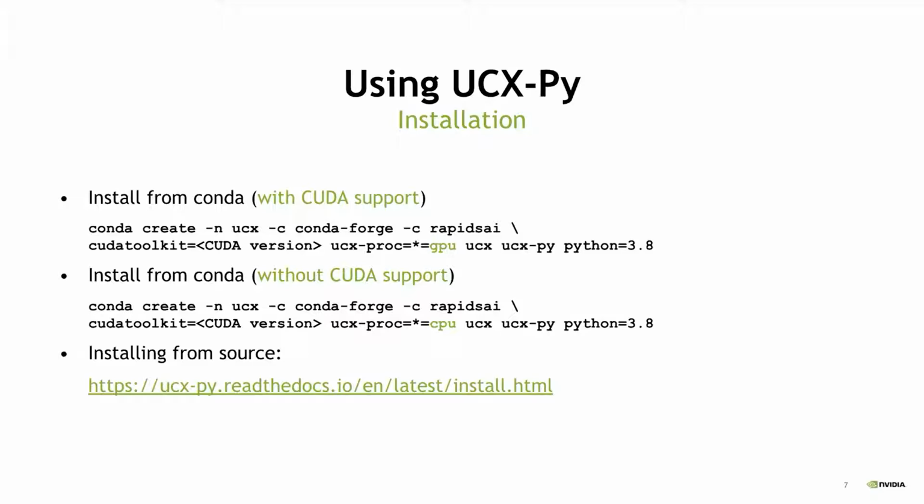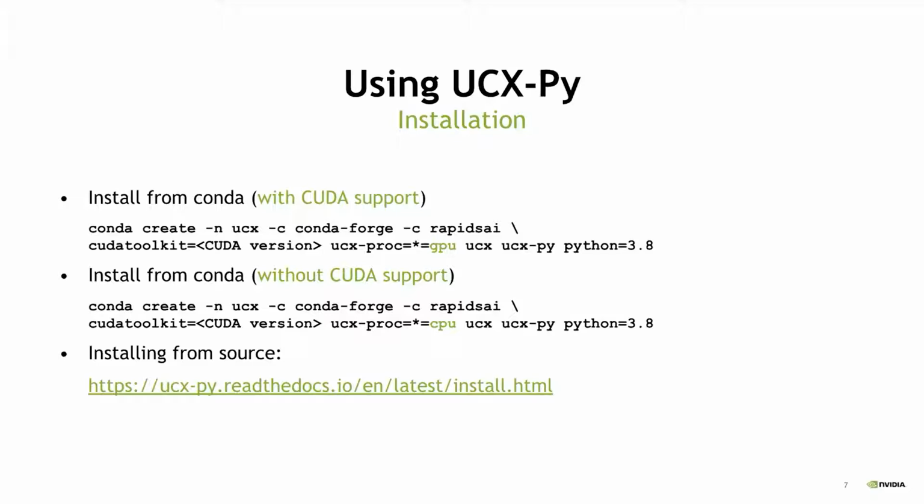This allows Python users to just go there and start using UCX-Py without having to build everything from source. I know most people using UCX are commonly building from C source code, but this is not the case for Python users. In most cases, they're not expected or knowledgeable to build everything from source. So we have to provide packages that they can just install on their machines and get started with.